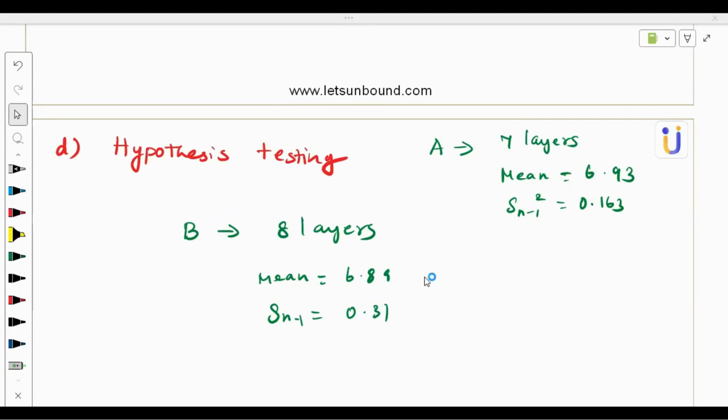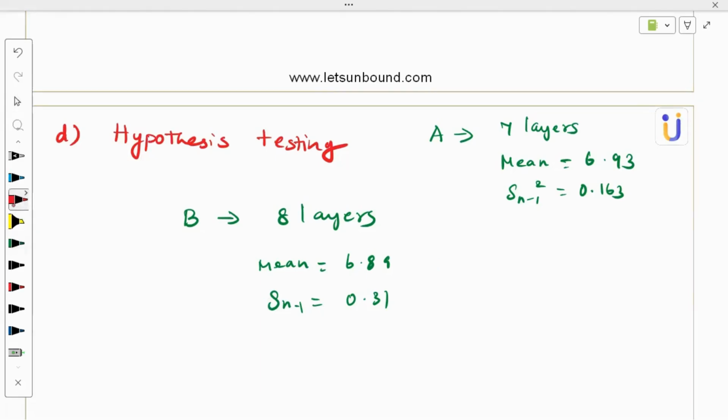I have 2 different samples, so a 2 sample t-test will be the best one. And we also need to make the hypothesis for this. So let's make a hypothesis.